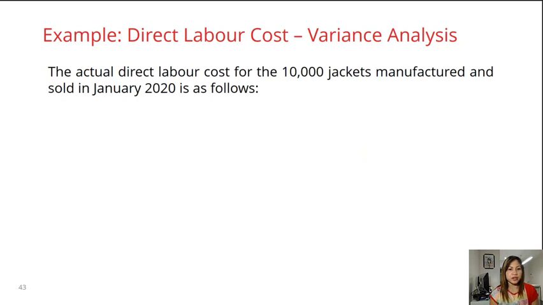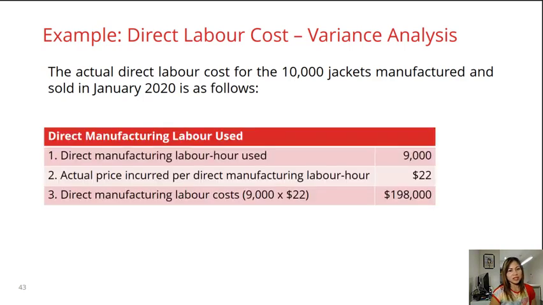The actual direct labor cost for the 10,000 jackets manufactured and sold in January 2020 is as follows. Direct manufacturing labor hours used, 9,000. That is the actual quantity. The second line, actual price incurred per direct manufacturing labor hour, is the actual price.